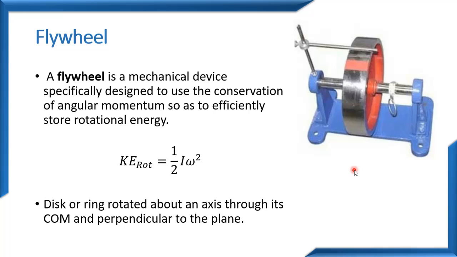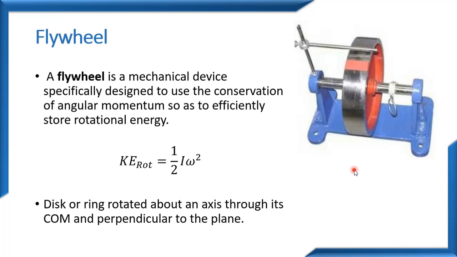And here I, which gives the moment of inertia, is equal to how much it rotates. So we can define moment of inertia as the rotation which is contained in a body. That is, the body resists stopping, or tends to continue in its state of rotation, and this is called its moment of inertia. How much the body rotates after stopping actually gives the moment of inertia of that body.